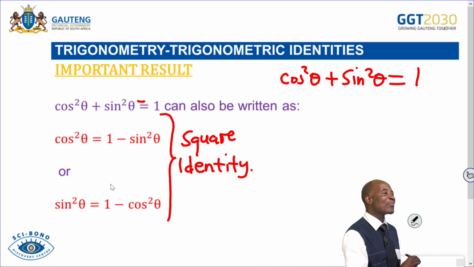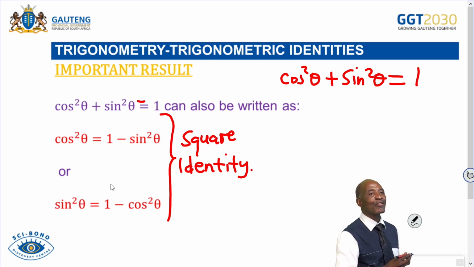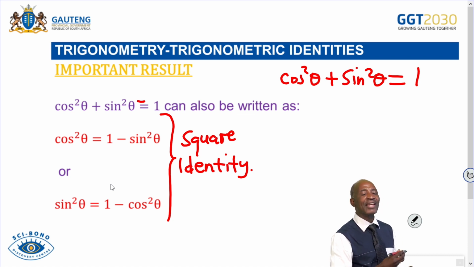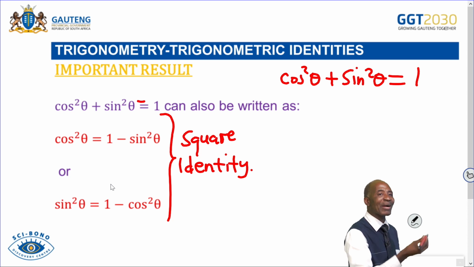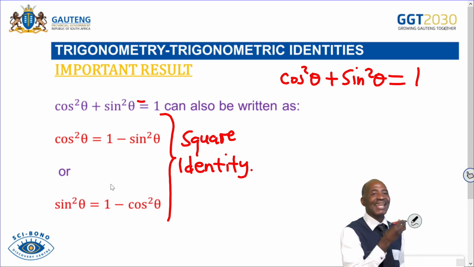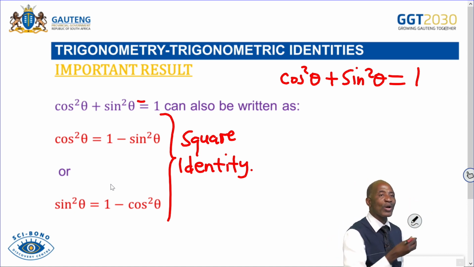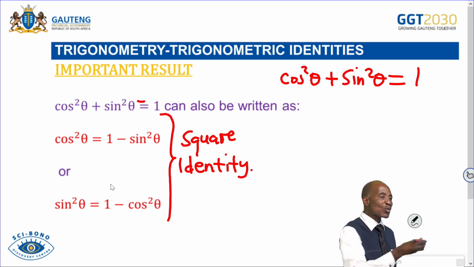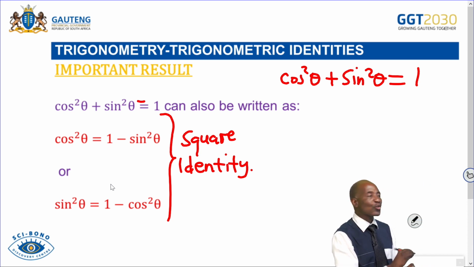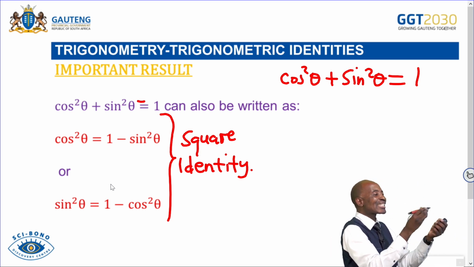A square number, remember, are numbers like 1, 4, 9, 16, 25, and so on. Those are square numbers because they can be written in squared form. 1 squared is still a 1, so it's a square number. 2 squared is a 4, so 4 is a square number. We square 2 to get a 4. So this identity has a special name.